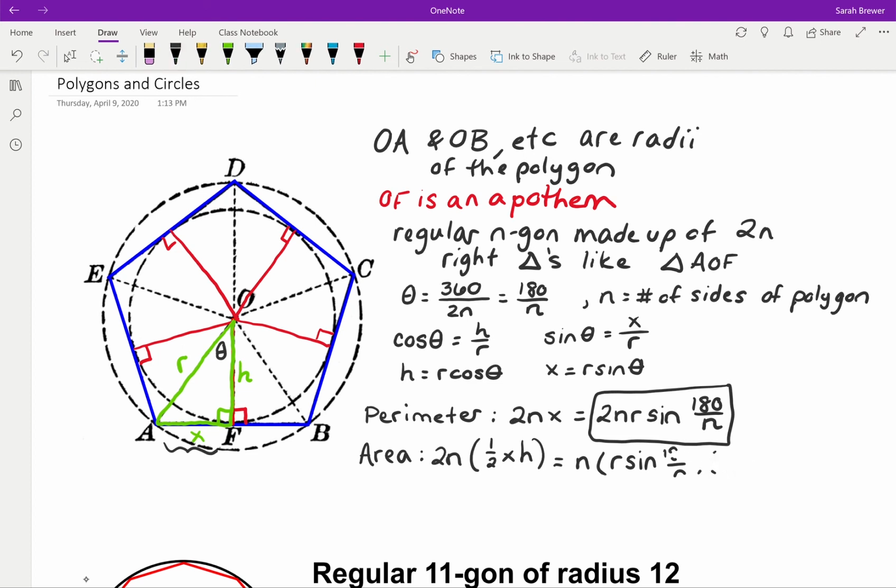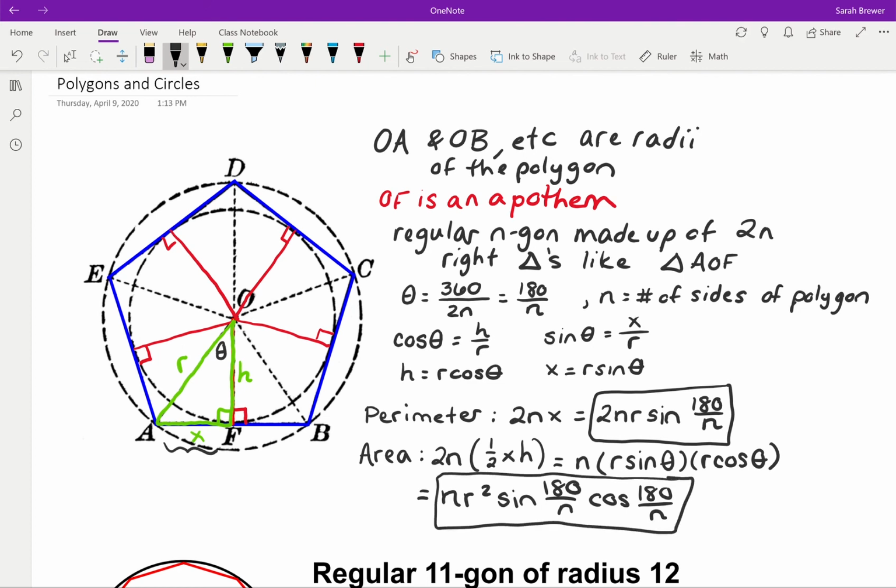I'll just leave it as theta for now. And so if I combine my r's, I'm looking at nr squared sine of 180 over n cosine of 180 over n. And that's how we get our area.